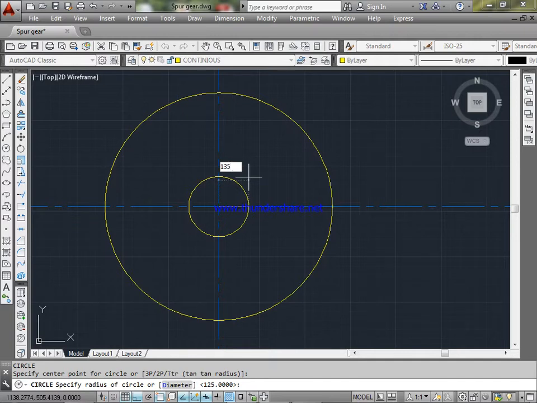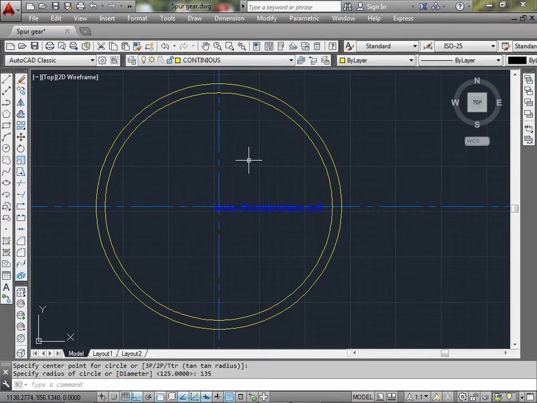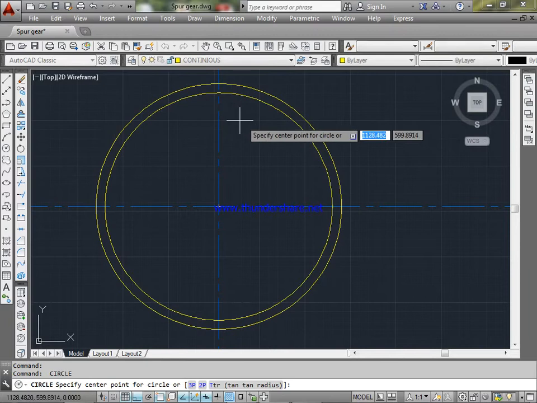So when we draw a circle in compass or in AutoCAD, we should take the radius and draw the circle. So here is the addendum circle, and from here to there is the diameter.